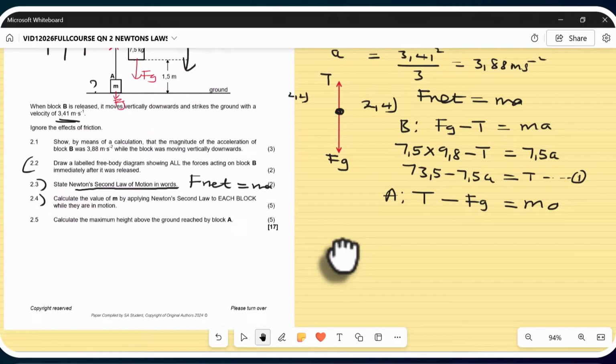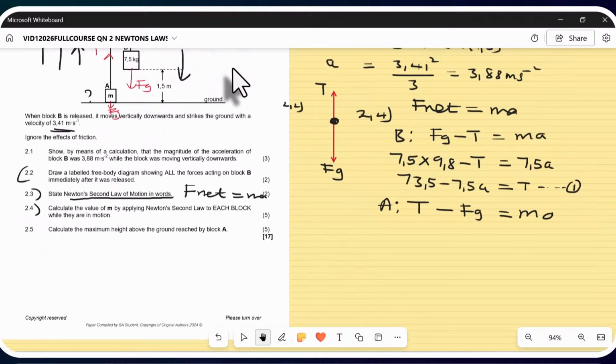Now, let us substitute like we said. Our T, we don't know yet. Then the Fg is mass times gravity, and that's 9,8 times the mass we're looking for, so times 9,8, equals ma, but the m we don't know.